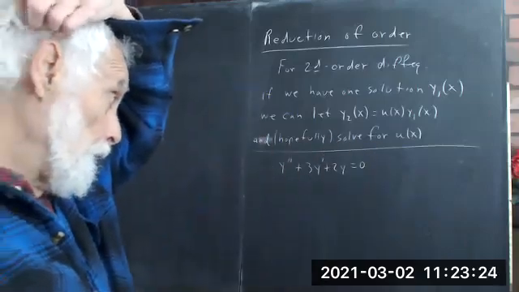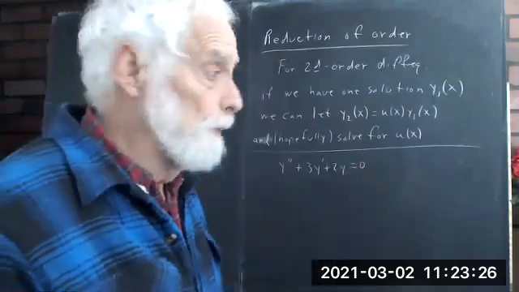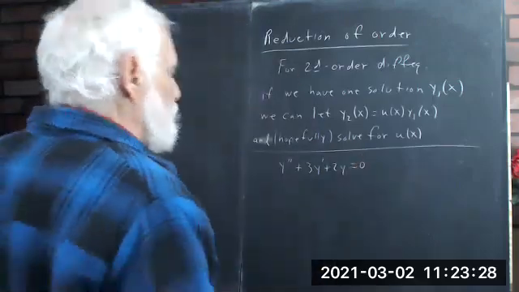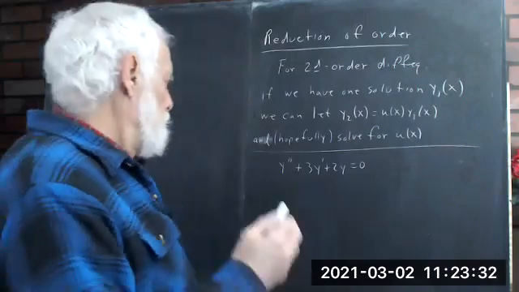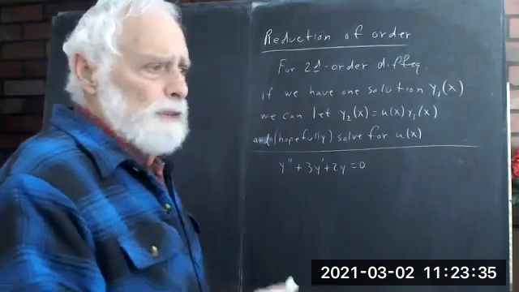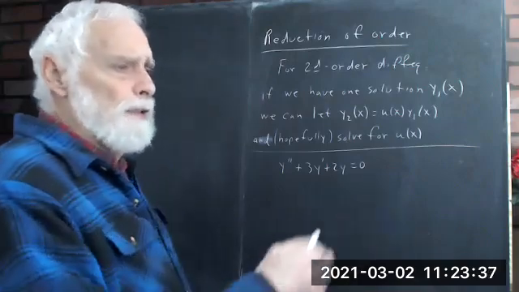And the solutions are r equals -1 and r equals -2. So we know what the two solutions are. They're e to the negative x and e to the negative 2x.